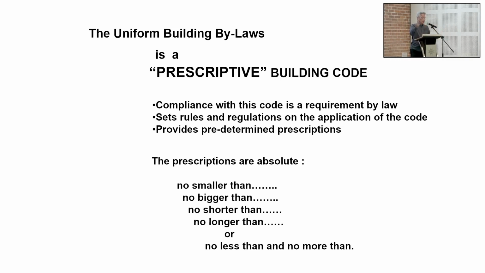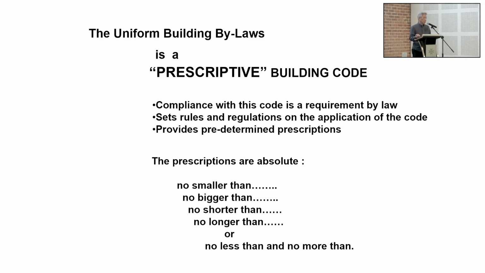Whenever you sign on the building plan, you know what you're signing on: "Saya mengakui that it's done in accordance with the building bylaws." So compliance with this code is a statutory requirement. It is the law. It is something that we have to do. As the architect, we take full responsibility to declare that the building is designed in full compliance with the building codes. And the prescriptions are just numbers.